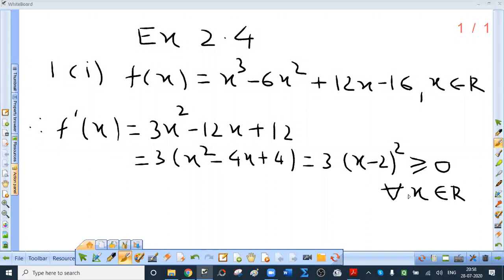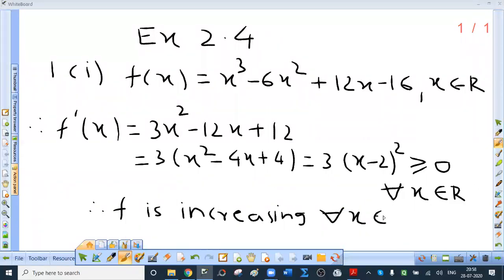So for all x belonging to R. And therefore I will say that the function is increasing for all small x belonging to capital R. Now write down. So this is the final answer.